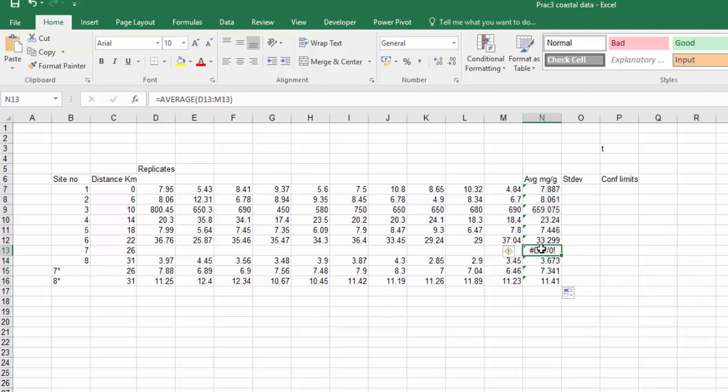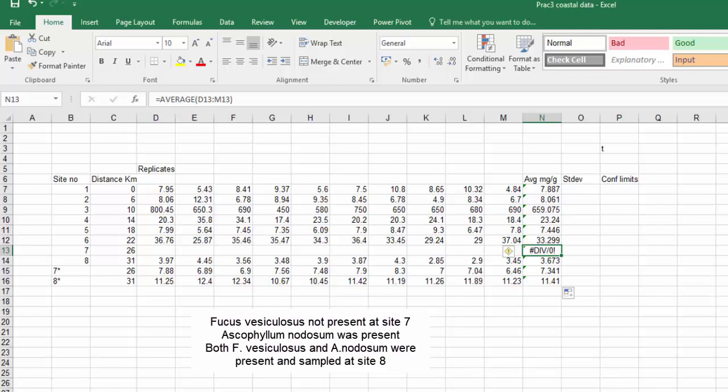We have missing data for site 7 because the Fucus vesiculosus was not present. However, a different type of seaweed was present, Ascophyllum nodosum, and the concentrations for Ascophyllum nodosum are given here.